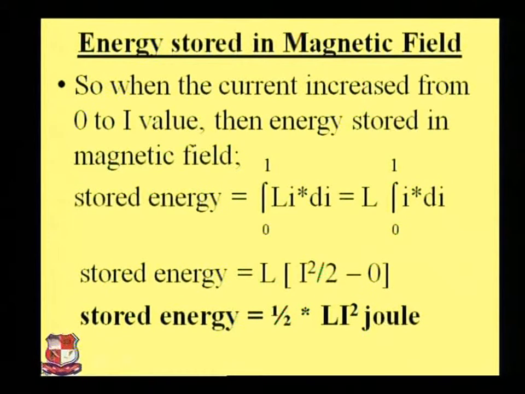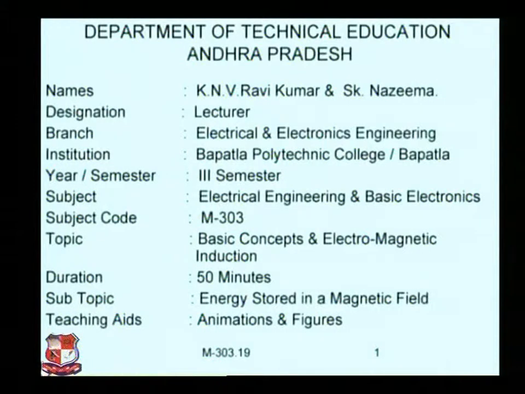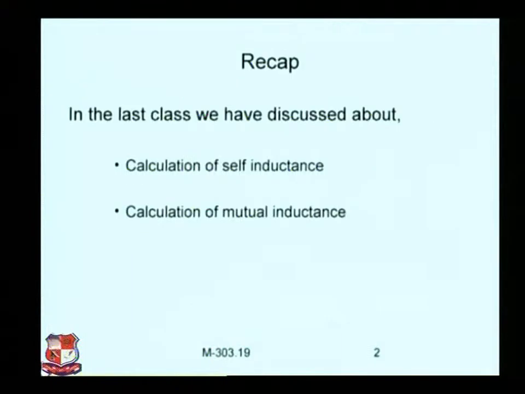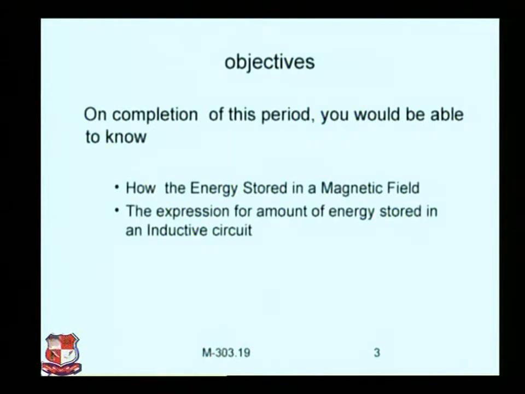This is the energy stored in a magnetic field whenever the current passes through it and reaches the level from 0 to I. This is one video taken from the technical education department, and it is an important video for the coefficient of coupling of two coils and the energy stored in a magnetic field.